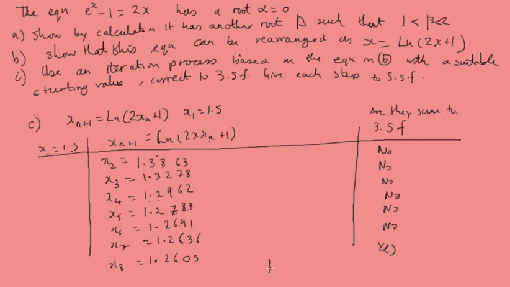So beta to 3 significant figures would be 1.26, and again you can test that by using the change of sign method by putting these two values into our original formula and seeing if that is correct. So I hope that helped.